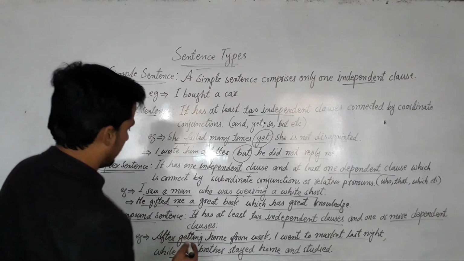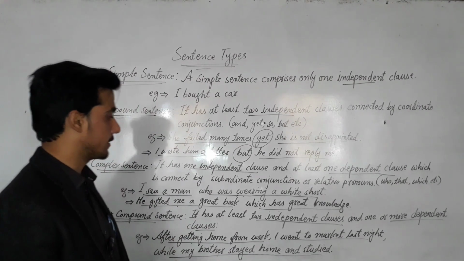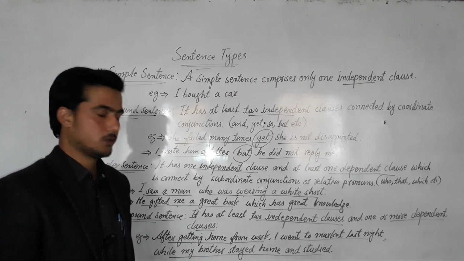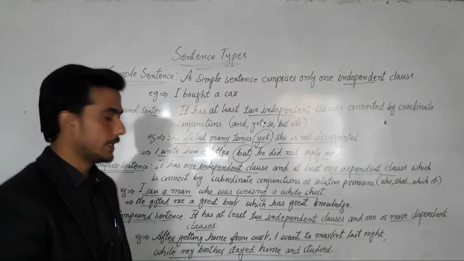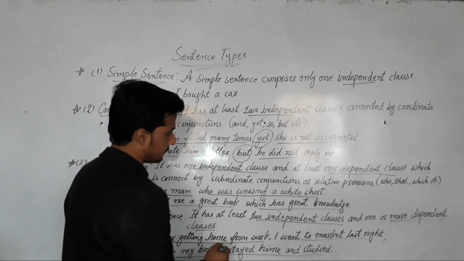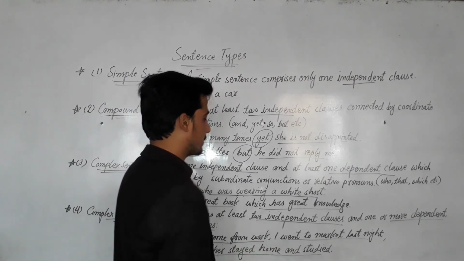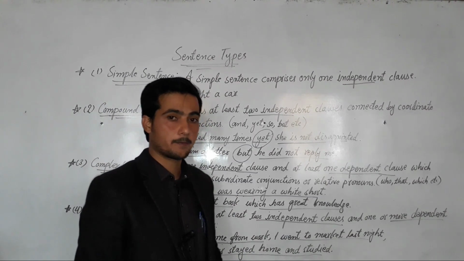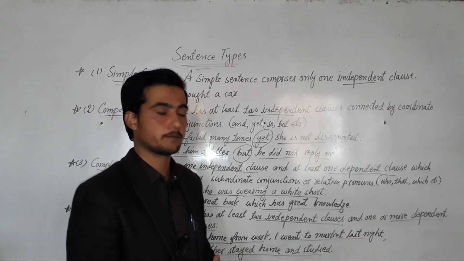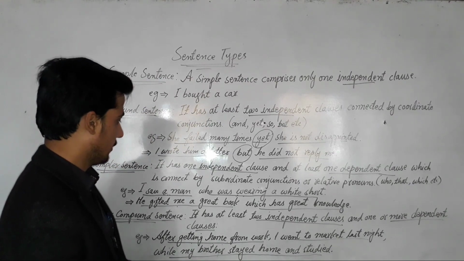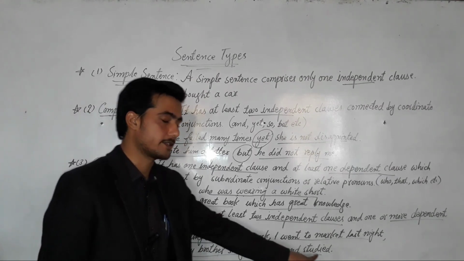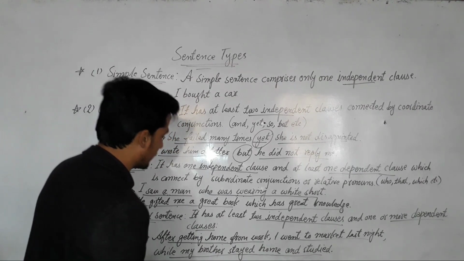Just analyze this one. After getting home from work, it cannot stand alone, so that is why it is a dependent clause. And look at this one. I went to market last night, so it is a main clause because it can stand alone as a sentence. While my brother stayed home and studied, this one is also a main clause.